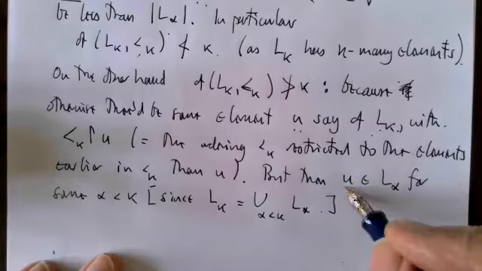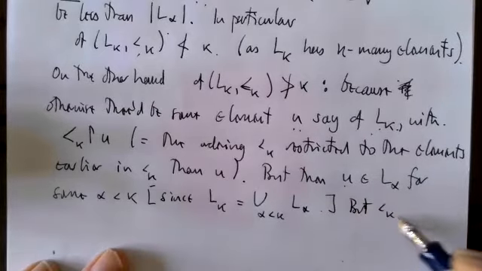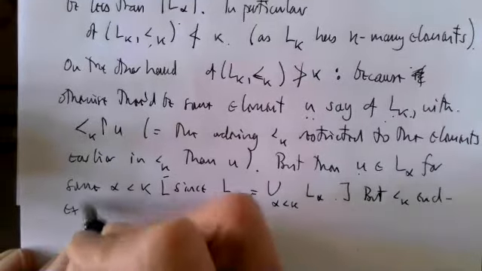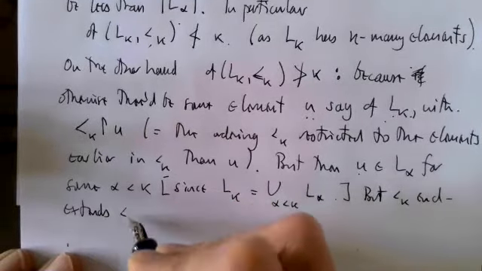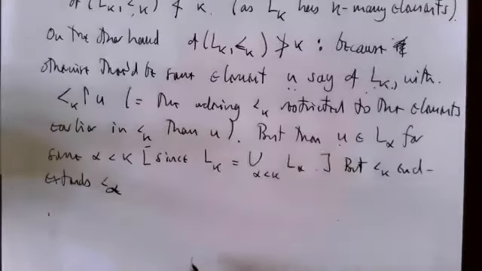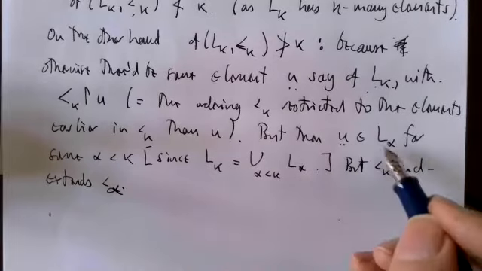But now what does this mean? This is the contradiction. Less than sub kappa end extends less than sub alpha down here. So everything that comes before U is in L alpha.